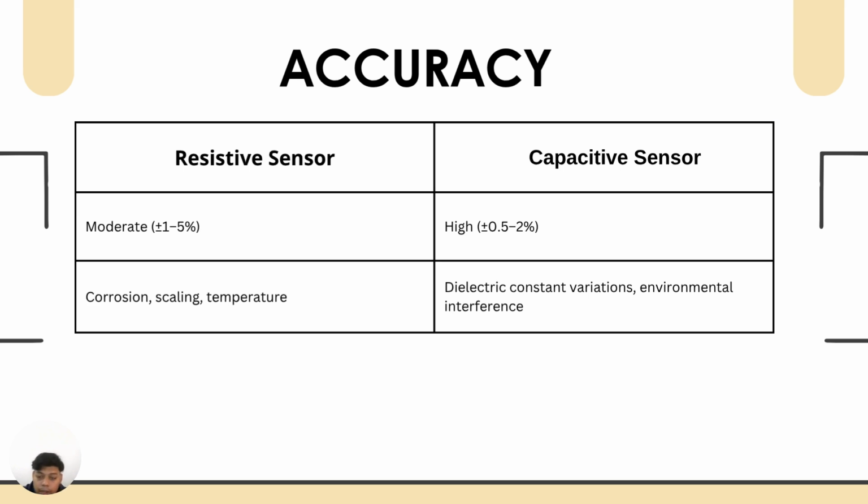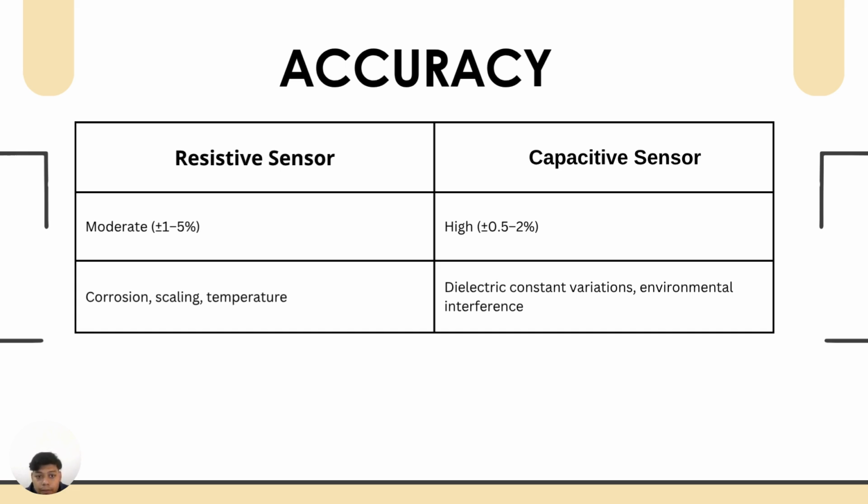Next, I will talk about accuracy. As we know, accuracy and sensitivity are crucial for many industries. Resistive sensors generally provide moderate accuracy, typically within plus or minus 3 to 5%. For basic applications, this is sufficient.